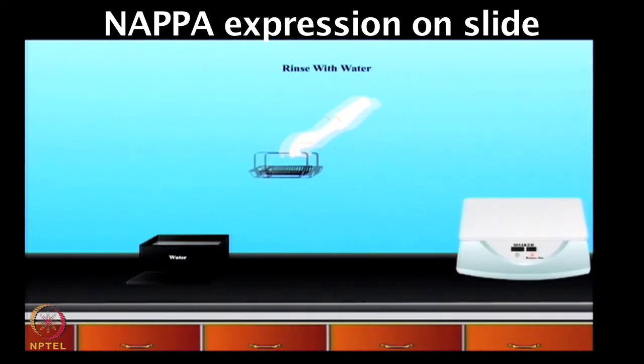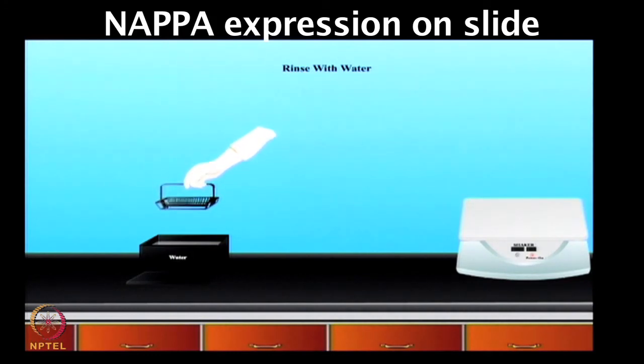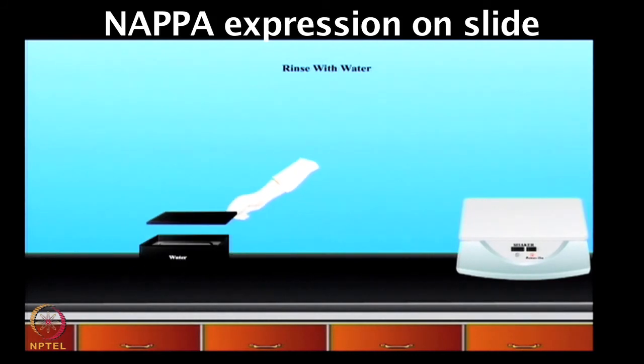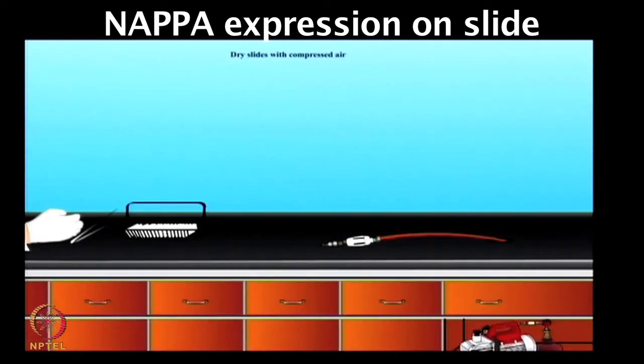After adding the TSA solution and incubation, then we need to wash the arrays in water very quickly, so that excess TSA is removed. Now, we need to dry the slides with the compressed air, or drying step can also be performed by using centrifugation.